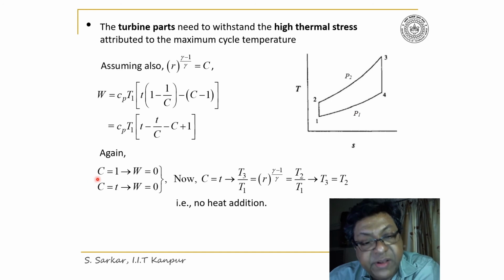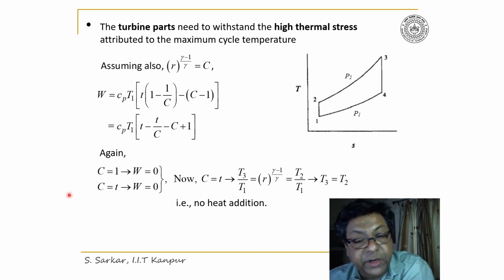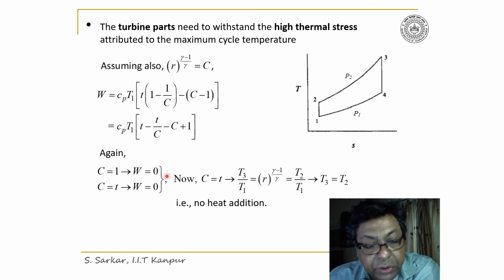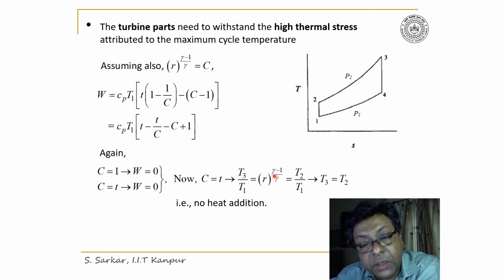Now again, when C is equal to 1, that means pressure ratio is equal to 1, W is equal to 0. That is easy to appreciate. Now when C is equal to t, then also W is equal to 0. When C is equal to t, that leads to T3 by T1 is equal to R to the power (gamma minus 1) by gamma, that is equal to T2 by T1.